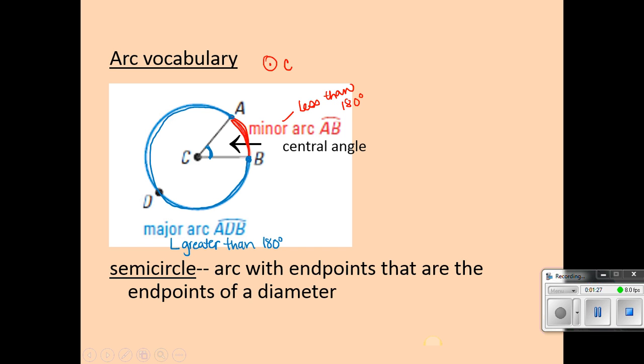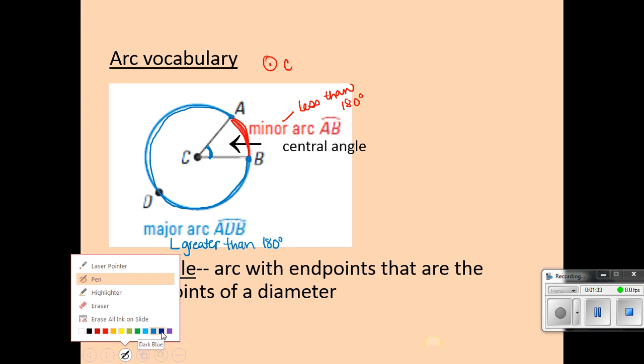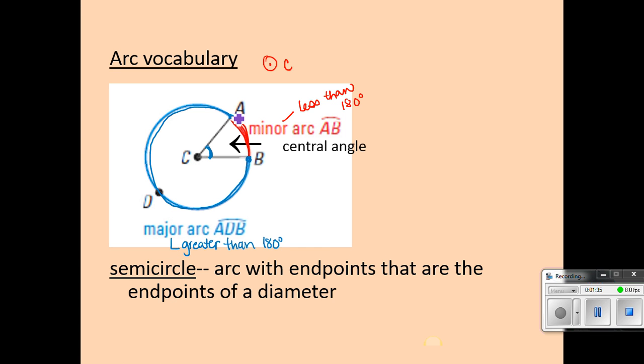A semicircle is an arc that has endpoints that make up the diameter. So if I look at the diameter of this circle, which would be D to A, the diameter then would give me an arc AD or DA.